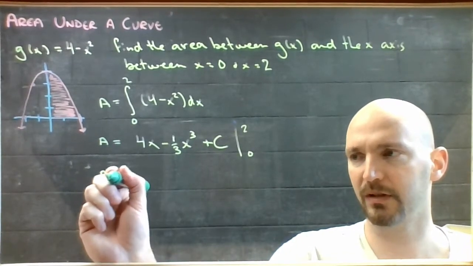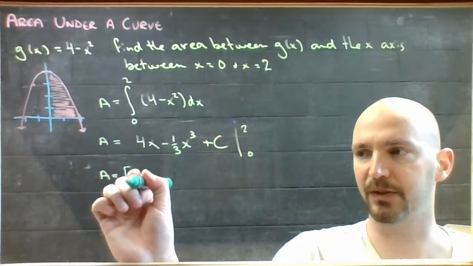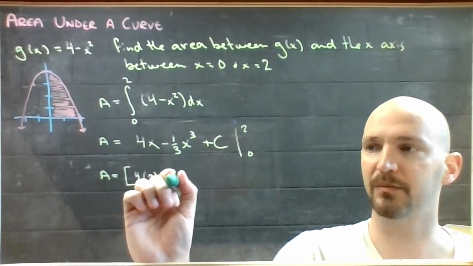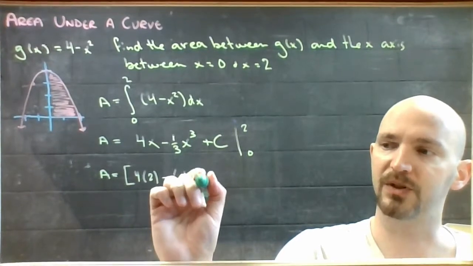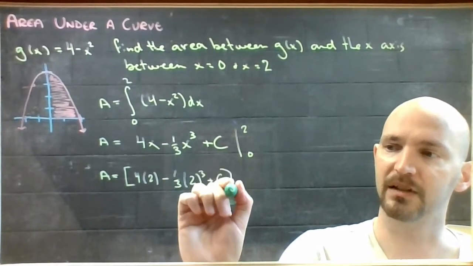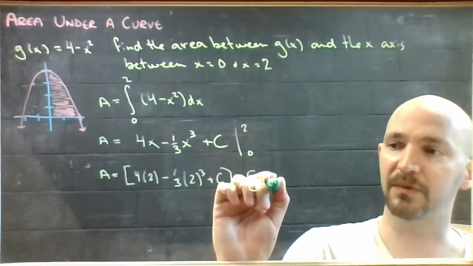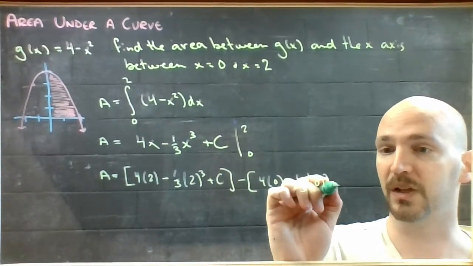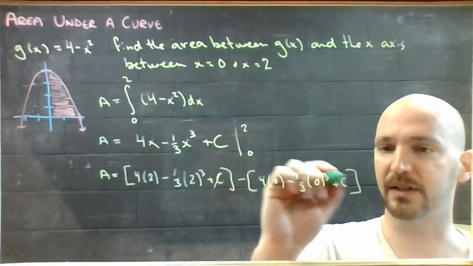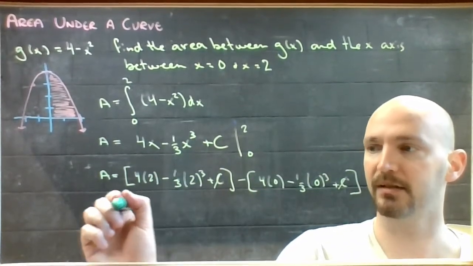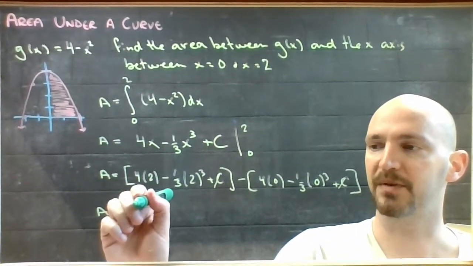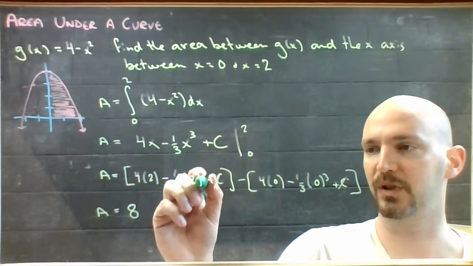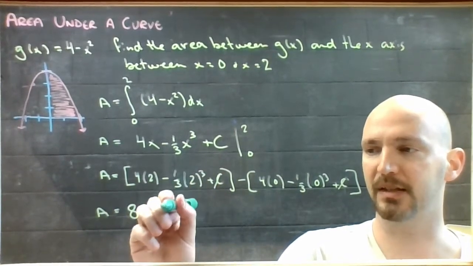So to get my area then, I'd have to do 4 times 2 minus 1/3 of 2 cubed plus c. Subtract 4 times 0 minus 1/3 of 0 cubed plus c. C minus c is gone, as it always is. 2 times 4 is 8. 2 cubed is 8, divided by 3 is 8/3.